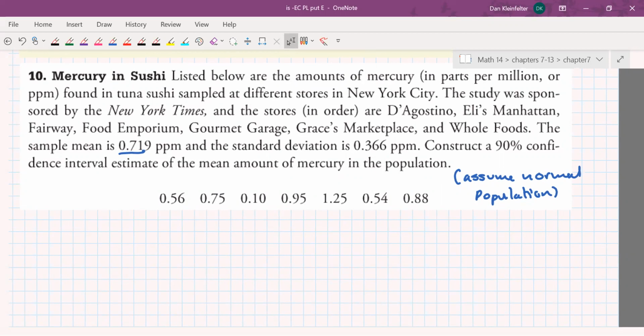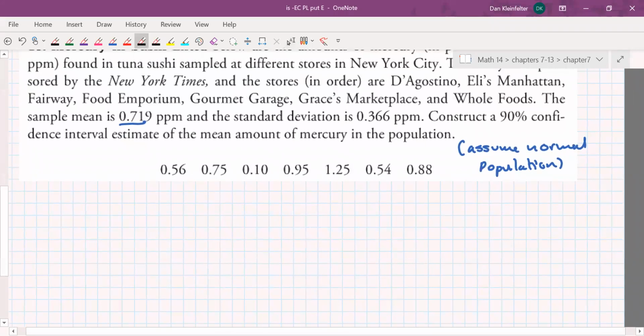Okay, so in here, the standard deviation that we're given is the sample standard deviation. So we don't have sigma. Since we don't have sigma, we're going to use T. So then we'll start with our T alpha over 2, which we'll need to get.